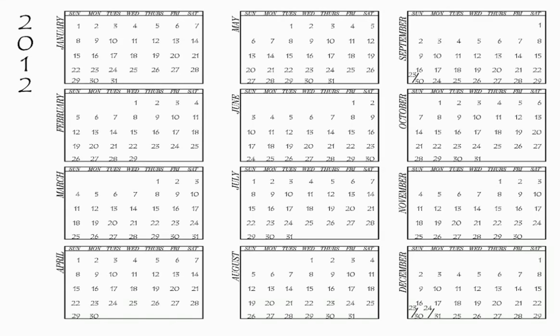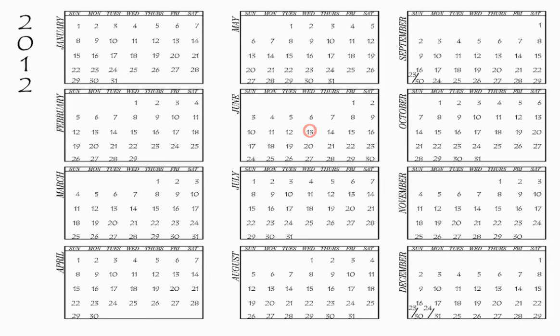So here's a calendar. Let's say we're going to calculate the day of the year number of June 13th. So June 13th right there. How we would intuitively do it by hand would be to start from January, add 31 days, 29 days for February in this case because 2012 is a leap year.